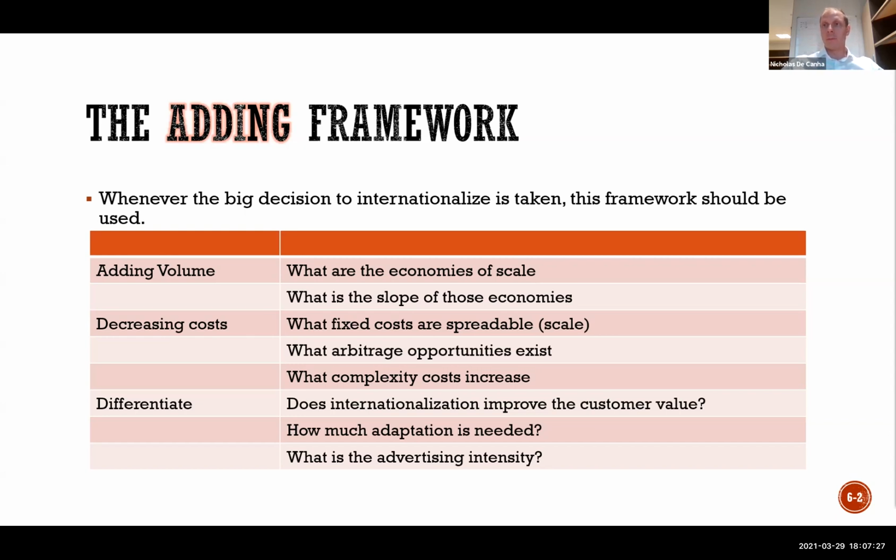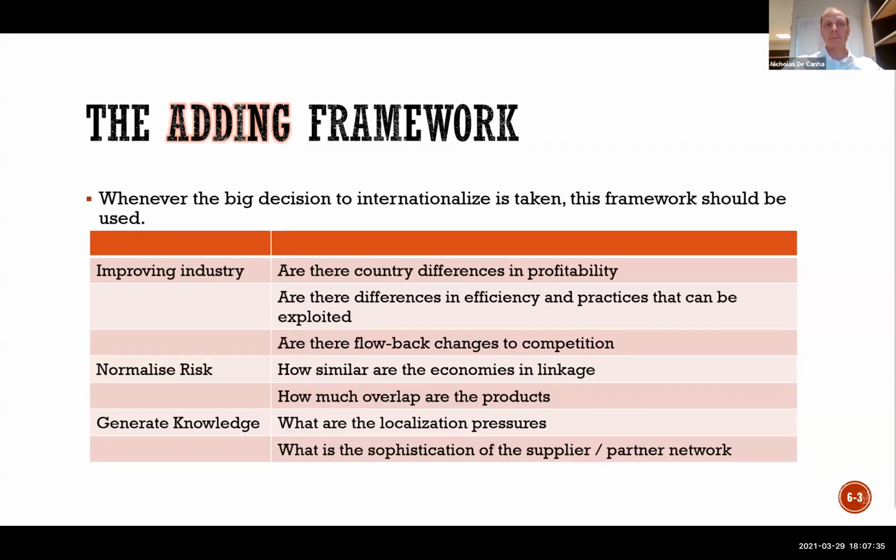Why are we adding volume? Why does AB InBev keep doing this? I mean, what's the point? Are there decreasing costs? How do they differentiate? We've also got this question about, do you improve your industry? Are there country differences in profitability? And are there differences in efficiency and practices that you can exploit from one country to another?